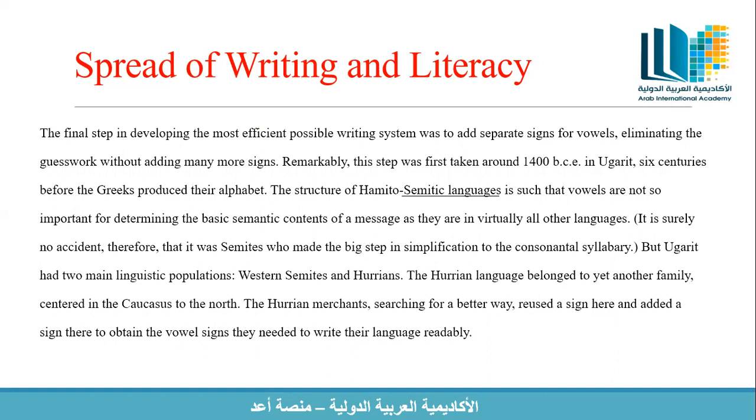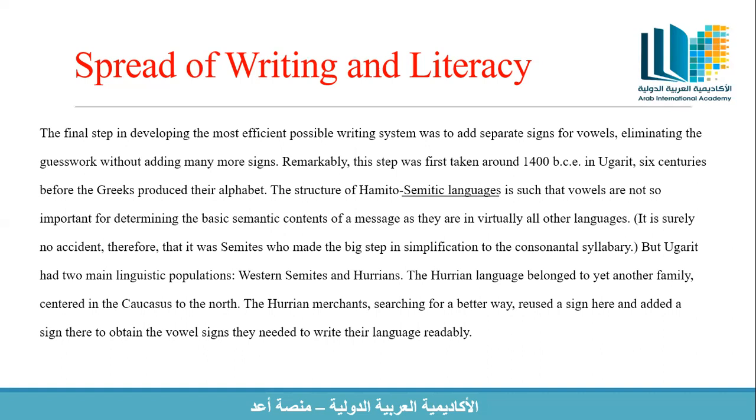The structure of Hamito-Semitic languages is such that vowels are not so important for determining the basic semantic contents of a message as they are in virtually all other languages. It is surely no accident, therefore, that it was Semites who made the big step in simplification to the consonantal syllabary.